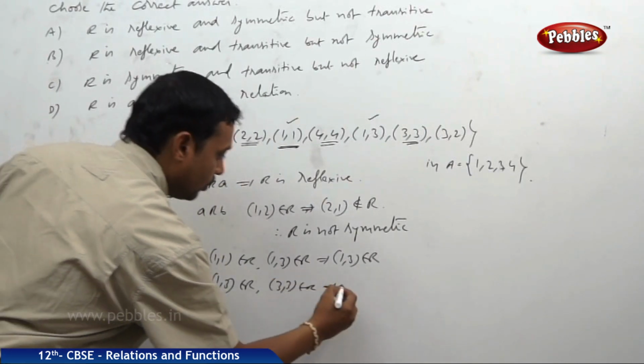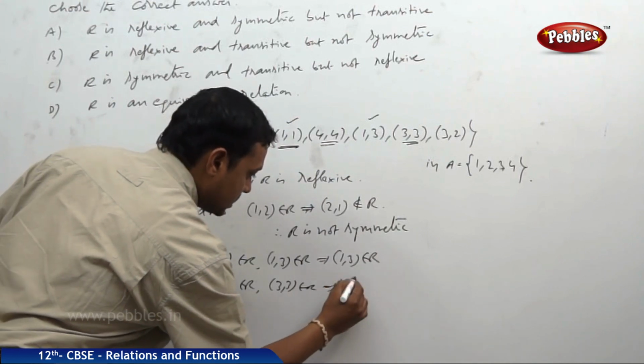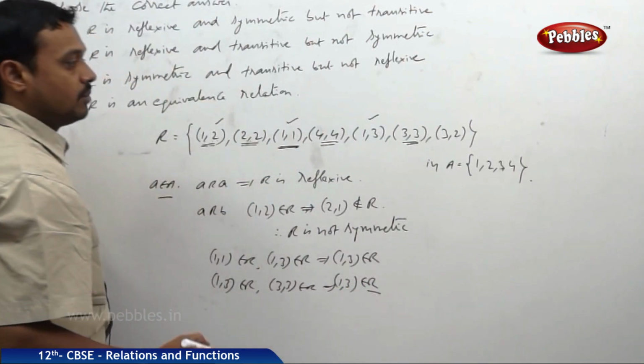Therefore, from these two, we get (1,3), which itself also belongs to the same relation.